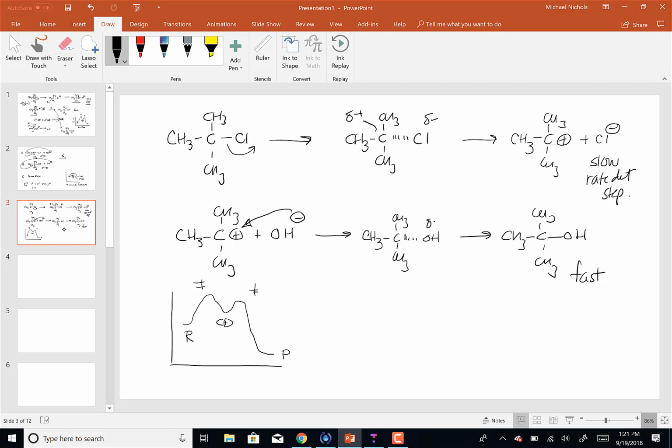The OH would have a delta minus and the carbon a delta plus. A delta plus on the carbon. Same thing. Because actually when you're forming a bond, it's the opposite of breaking the bond. So they look very similar. They'll have different energies because it's a chloride versus a hydroxide.